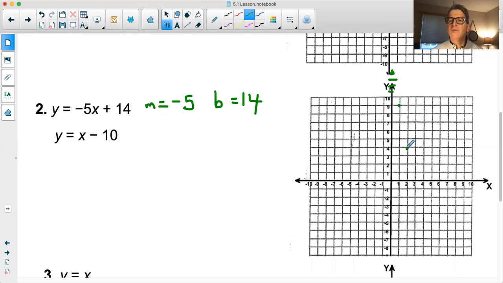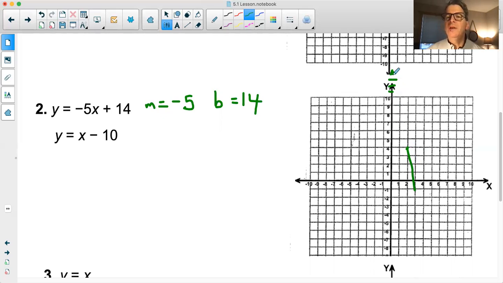Okay, and you can see how the line is forming. We have ourselves the line that goes up through these points. That's not a very good line. Let me redo that. So we got this point here, and we've got this point here.